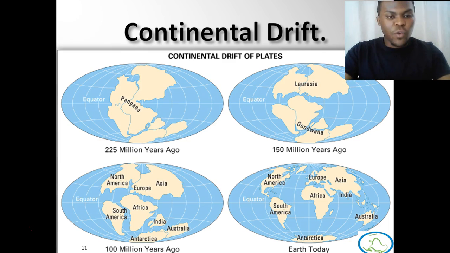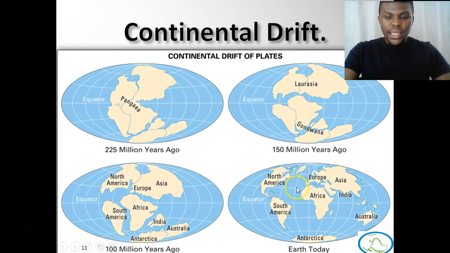As mentioned before, parts of different continents fit together like pieces of a puzzle. 225 million years ago, we had Pangaea, a supercontinent in which all continents were intact. And 150 million years later, it divided into two: Gondwana, which consists of South America, Africa, India, Australia, and Antarctica, and Eurasia, which consisted of North America, Europe, and parts of Asia.